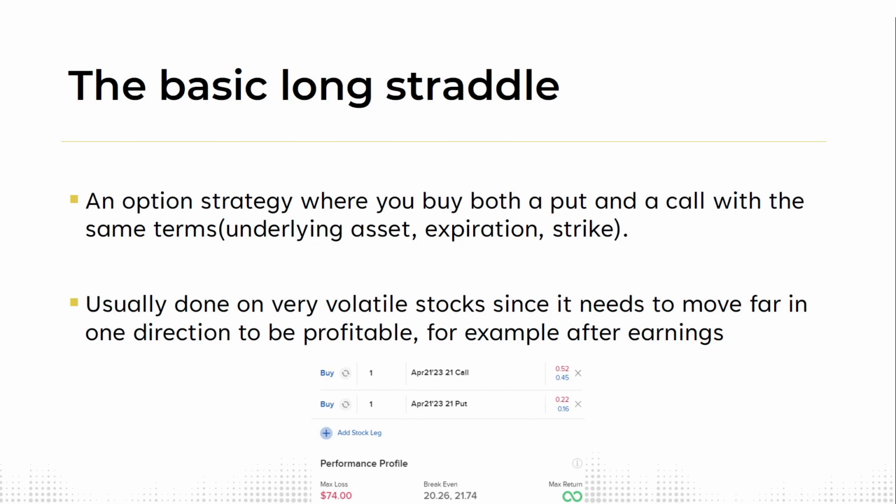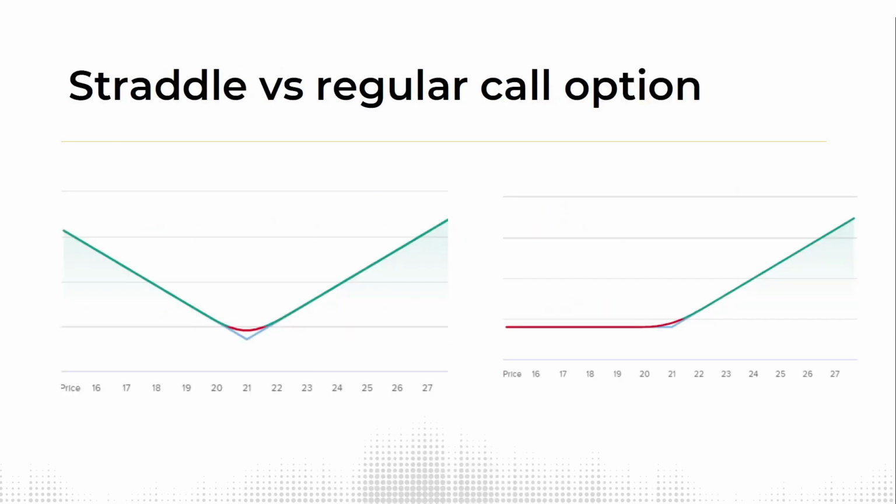But this means that I have kind of made sure that if it goes up or if it goes down, I will hopefully make some cash. So if you compare, the straddle is to the left.